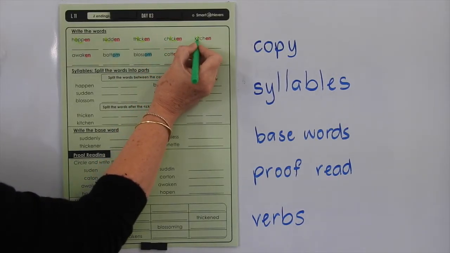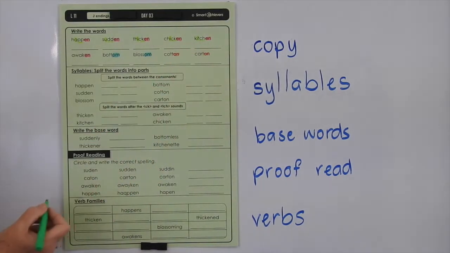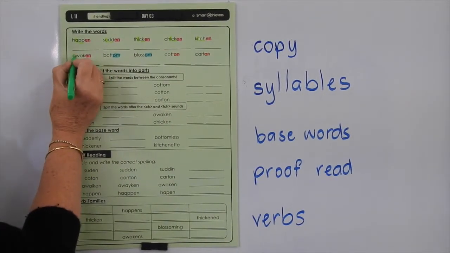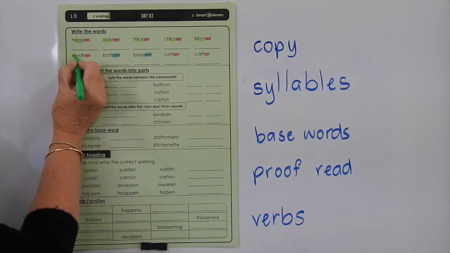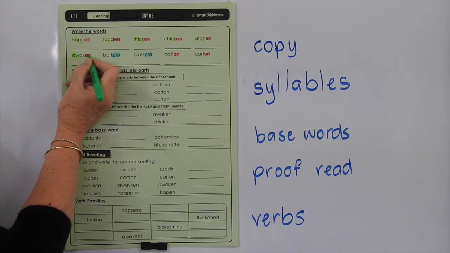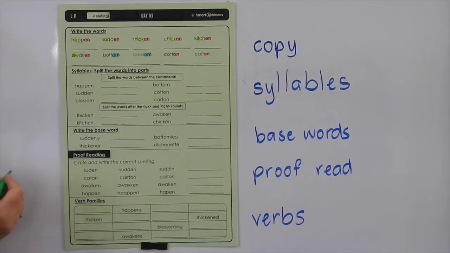Now if you have a short vowel sound followed by ch, you're going to put TCH. We just use CH after a long vowel sound, as in beach. Awaken, that should be a long vowel sound because we only have one consonant after it. So you should say awaken, and we've got a long vowel sound here, that's why we're just using the K.